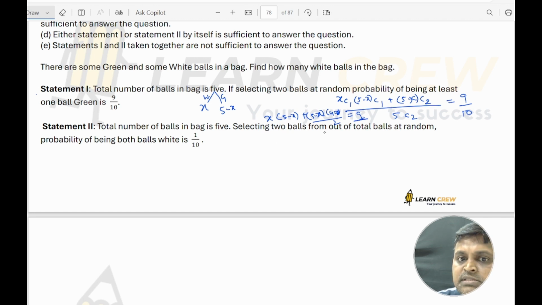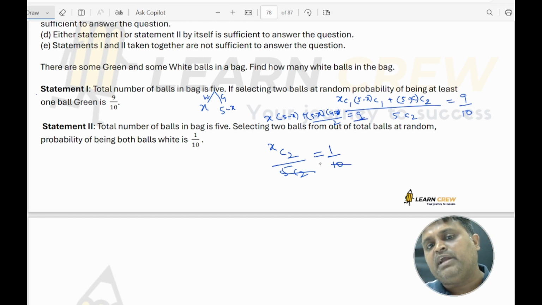The probability of both being white, taking those two white balls from X white balls, is XC2 by 5C2, which is 1 by 10. From this, can't you find out the value of X? 5C2 is 10 and this is 10, cancel.